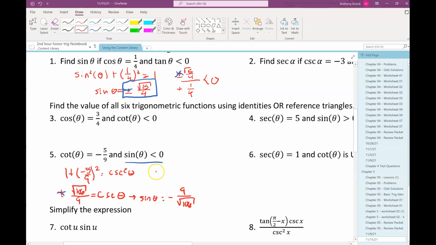So if I multiply both sides by sine, cosine is going to be sine times cotangent. So that's going to give me 5 over root 106, which again, rationalize that denominator.